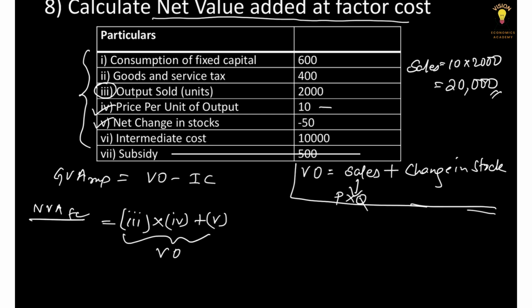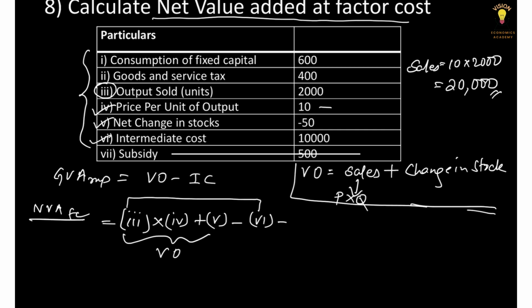Minus intermediate consumption. So intermediate cost is already given here, so that is number 6. So all this will give us value added, GVA MP.